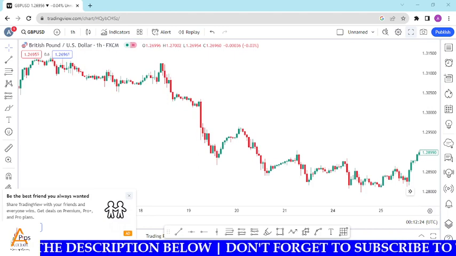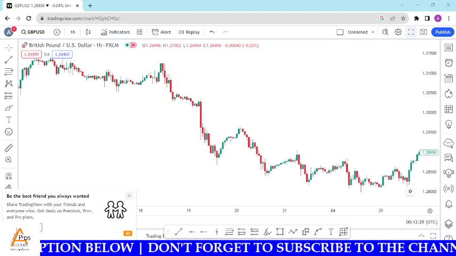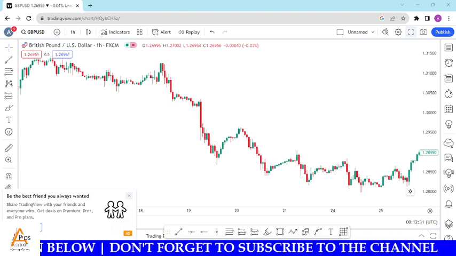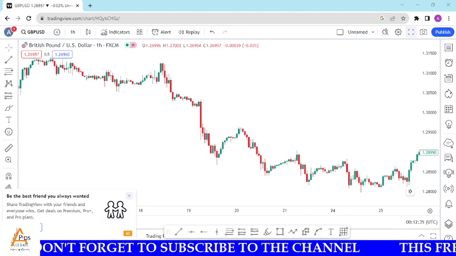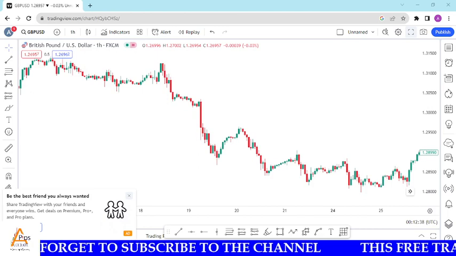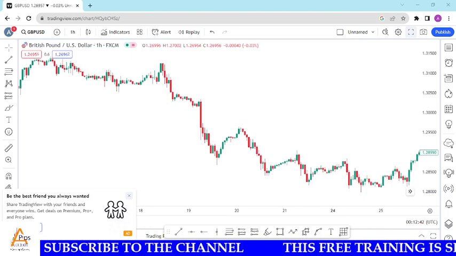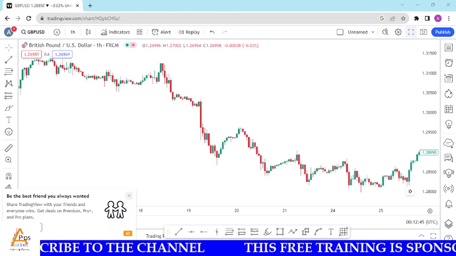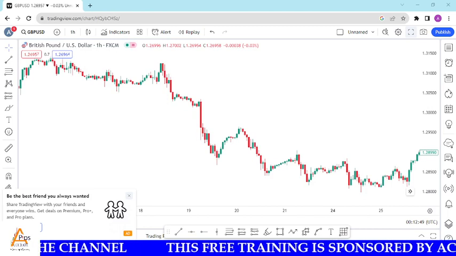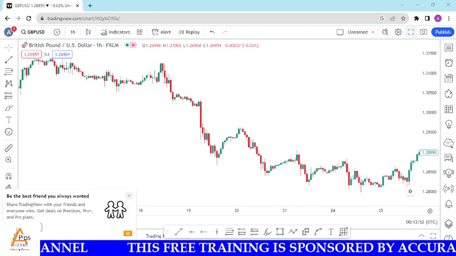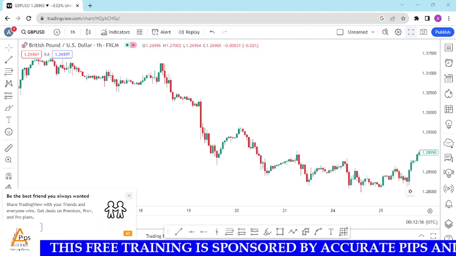They don't do that. The reason they do this is they believe SMC is all about a low risk to high reward concept. But identifying the correct structure, the correct break of structure, the correct change of character, and the inducement is key in smart money concept, or smart money trading.